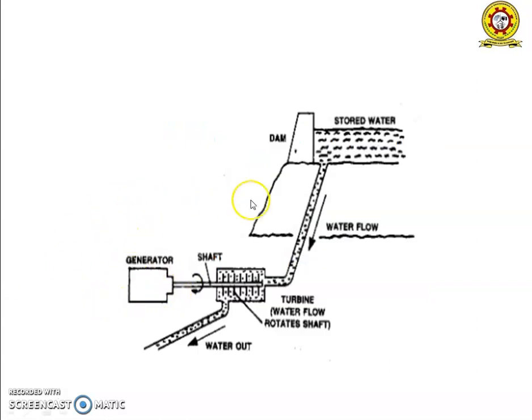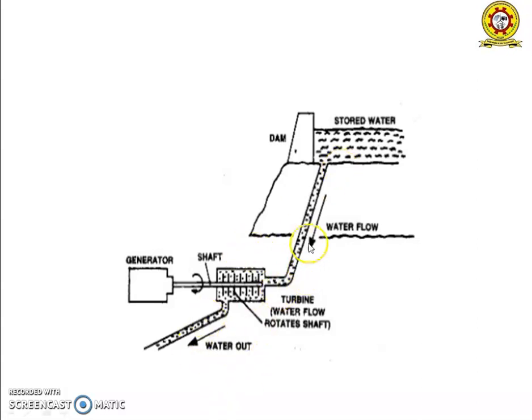This is the schematic diagram of the hydroelectric power plant. The water surface stored in the reservoir is known as the head race level or simply the level. This is the head race level. Penstocks or canals are used to bring the water from the dam to the turbine fitted in the powerhouse.